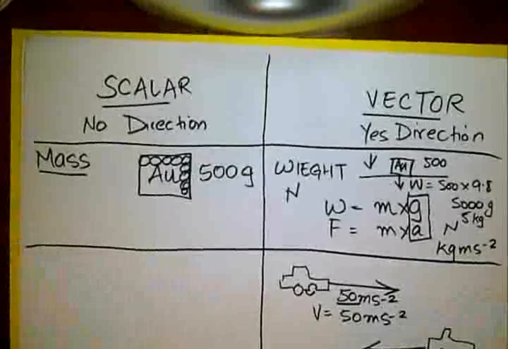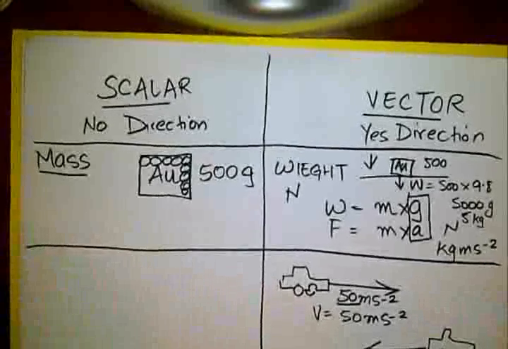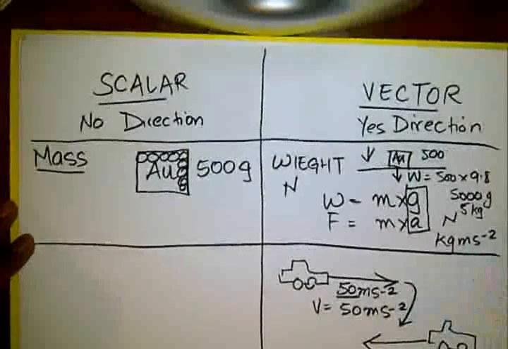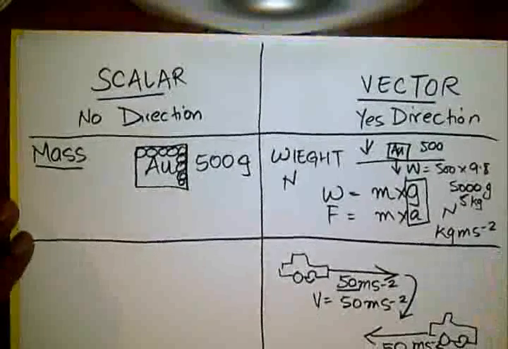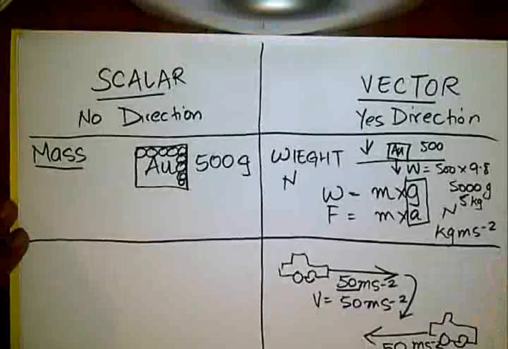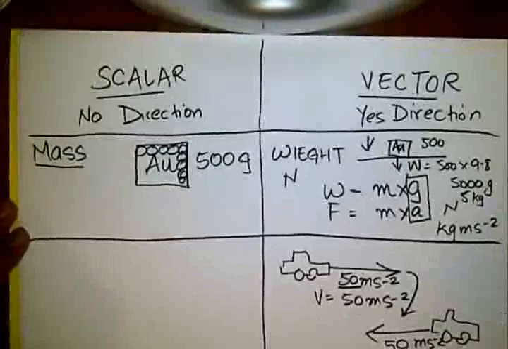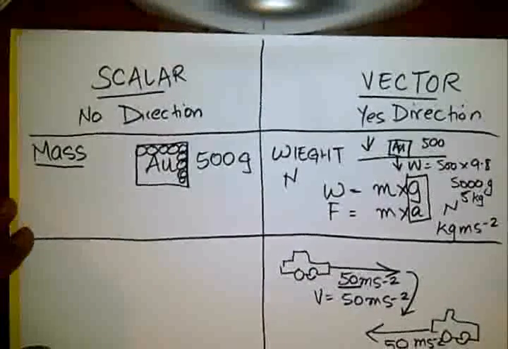So you might think, what? Well, yeah, that's how we differentiate a vector. See, these two vectors are not equal. One of them is 50, the other is minus 50. The speed is the same for both of these, but the vectors are actually opposite.